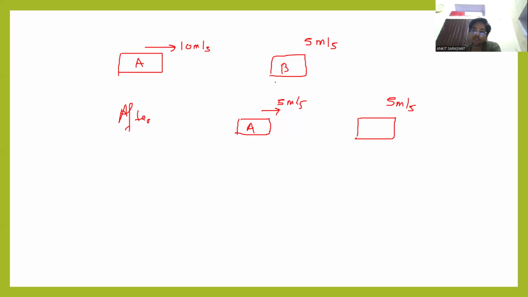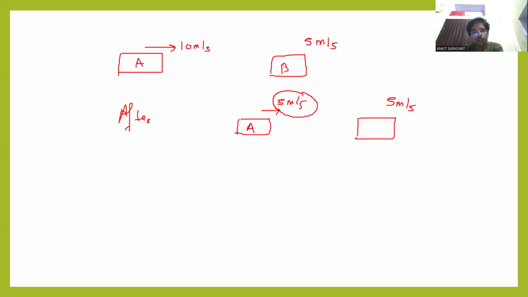Collision will not be there when the velocity of two objects are equal. Clear? He should apply at least up to this. Minimum, maximum, okay. He should decrease the velocity from 10 to 5. Let us suppose.